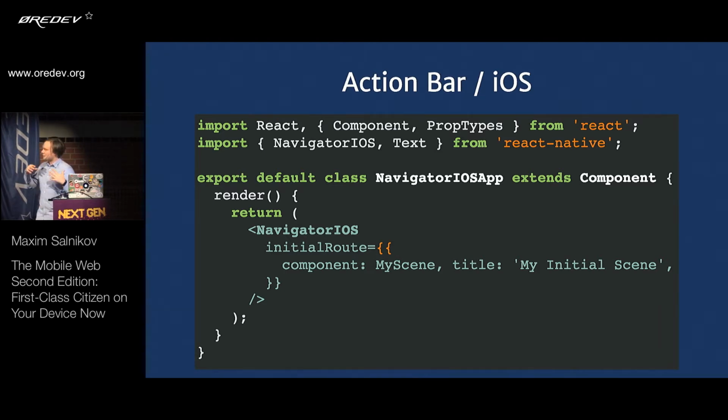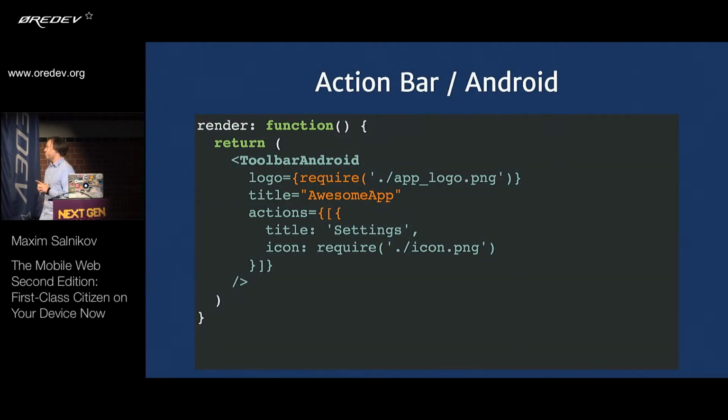So in general, we have to go for two different components for two different platforms. Here, a sample for iOS, we are using the NavigatorIOS component. For Android, we can go for ToolbarAndroid, again, a native component. No worries.